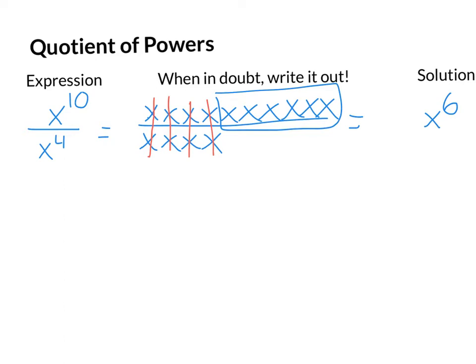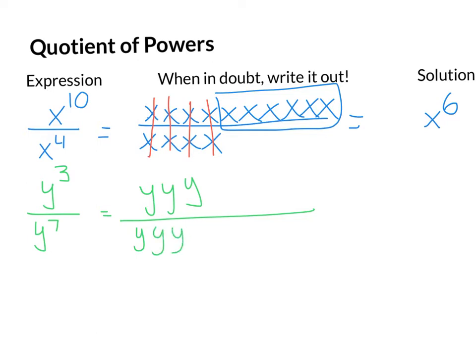All right, second example, y to the 3rd divided by y to the 7th. All right, so y to the 3rd means y times y times y. And y to the 7th, I need 7 y's. 1, 2, 3, 4, 5, 6, 7.